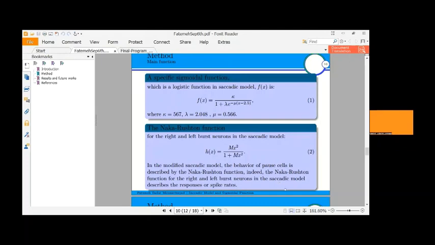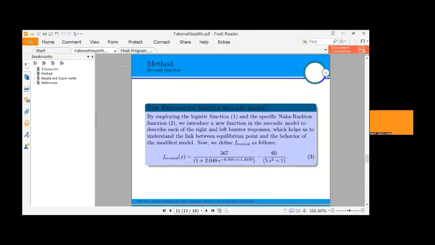In the modified model, the behavior of burst cells is described by the Naka-Rushton function. Indeed, the Naka-Rushton function for the right and left burst neurons in the saccadic model describes the responses, or spike rates.